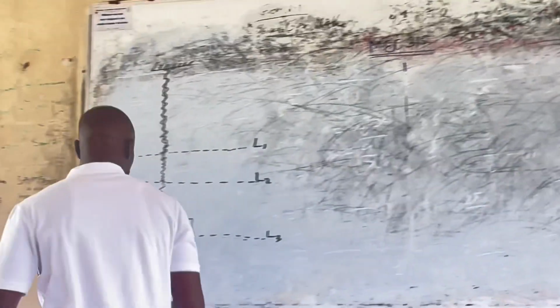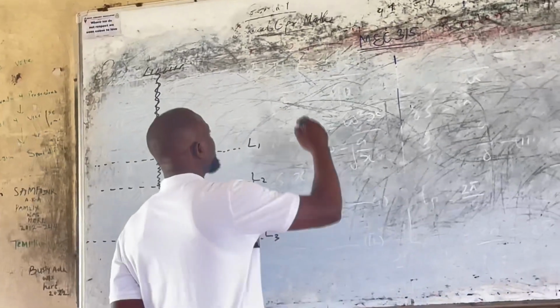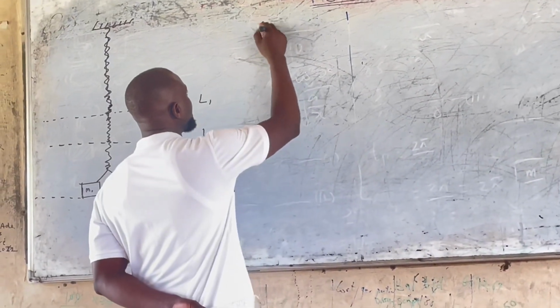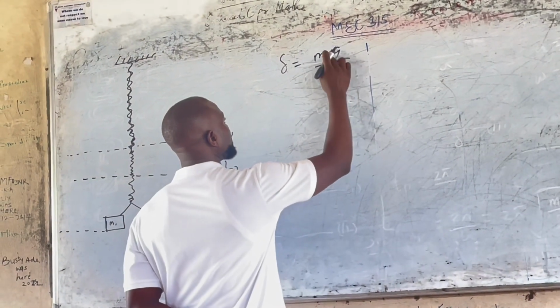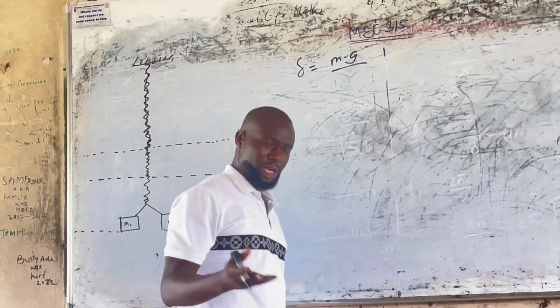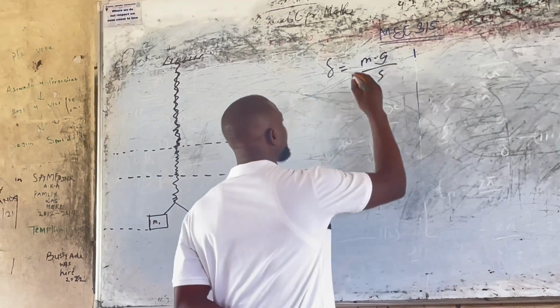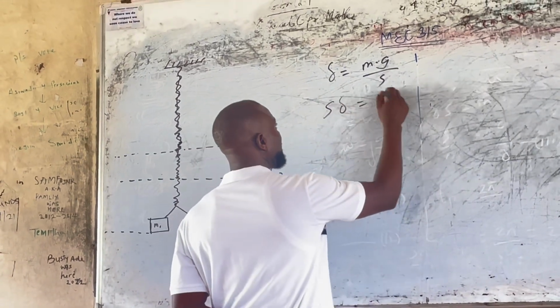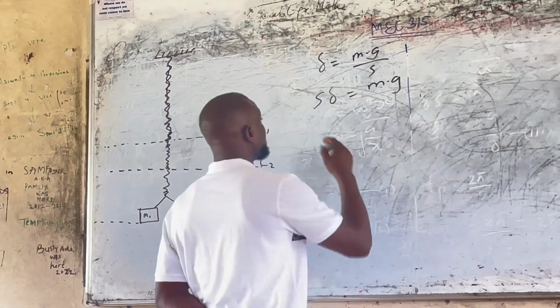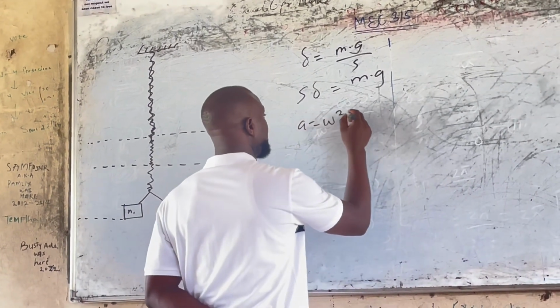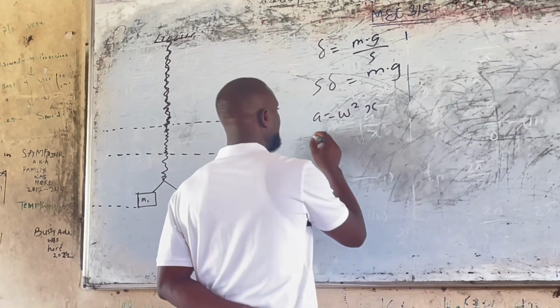Okay. From what? It's got the what? M dot what? Is it M dot G or M dot A? Which is what? S M dot G, right? Okay. A is got what? W square X, right?